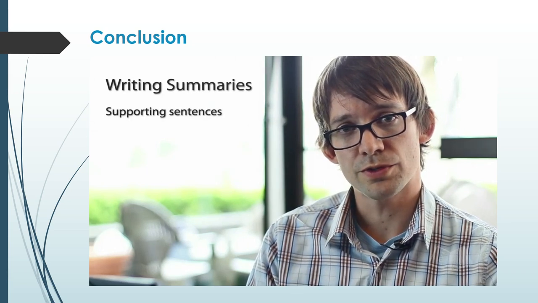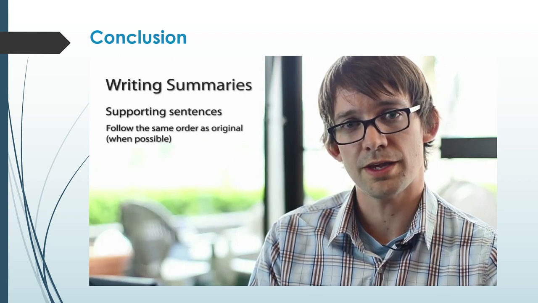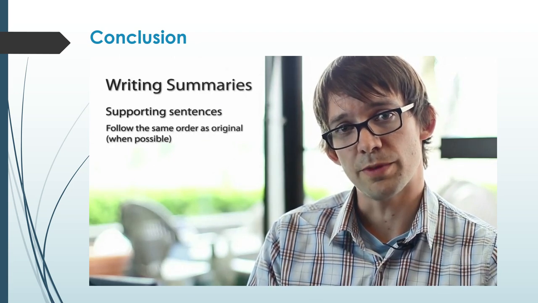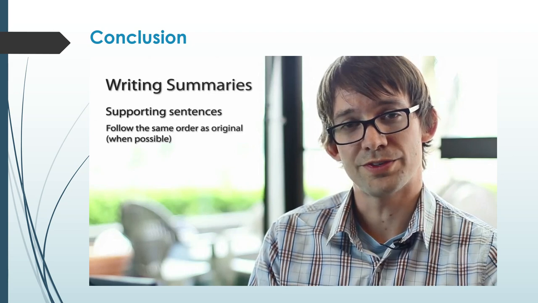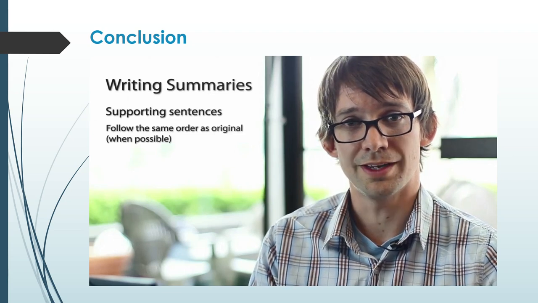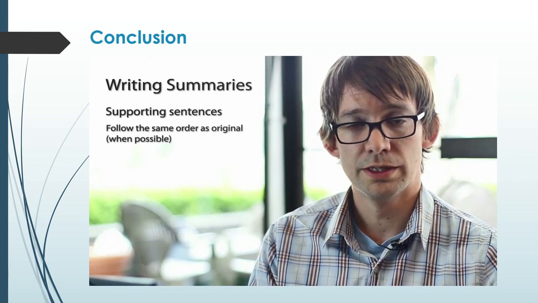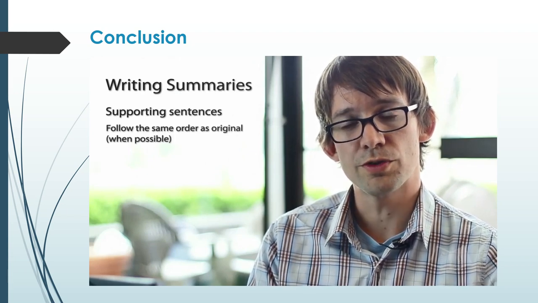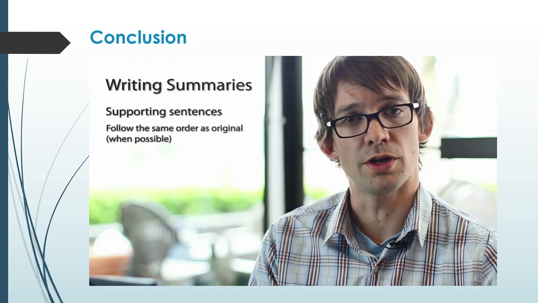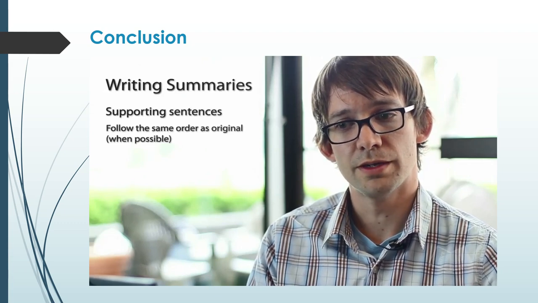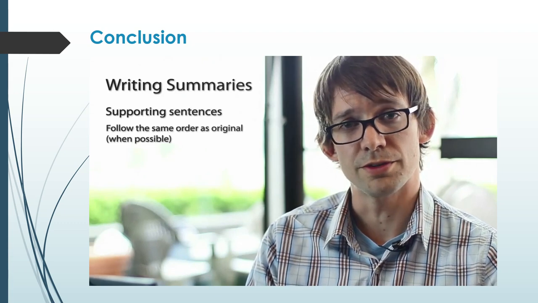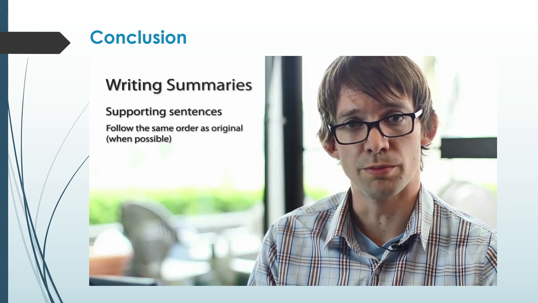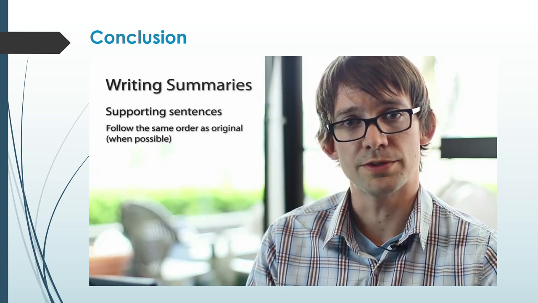And it's important to try to follow the same order that the information is presented in the original material, again, if possible. There are times, perhaps, if you're summarizing a story, where the original story is not in chronological order, and it may make it easier for the reader to understand it if you change the order. But in general, you want to keep the same order.